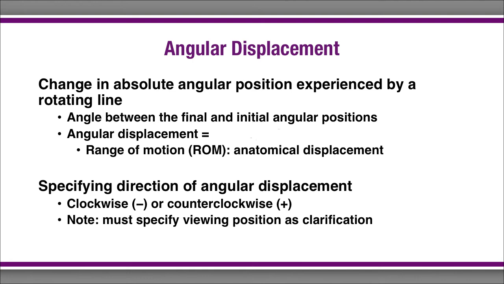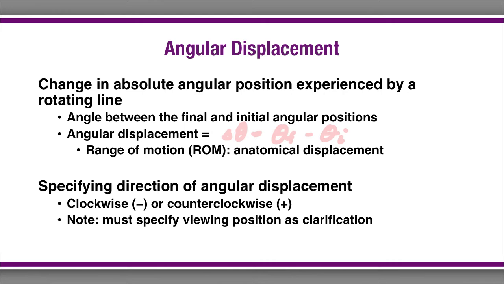Just as with linear velocities and linear displacement, we also will use angular displacement. This is the change in absolute angular position experienced by a rotating line. So mathematically, angular displacement is going to be equal to the change in theta equals theta f minus theta i.